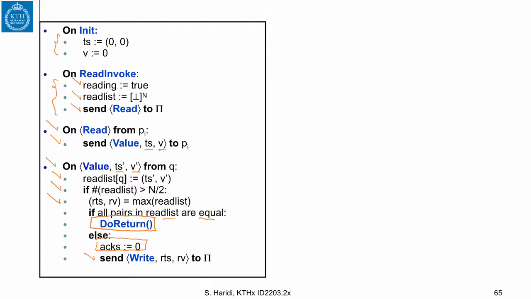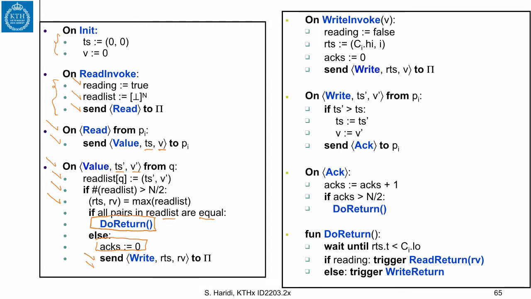And this write, as you know, is like the update phase now. So let us look at this do return later. Just now look at the write operation. When you do a write invoke, you set reading to false. And now you set the timestamp to the current value of clock.high, the upper bound of the clock.